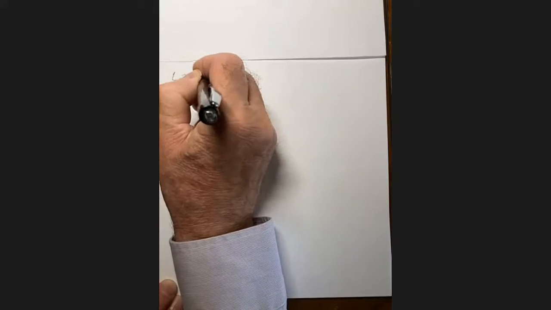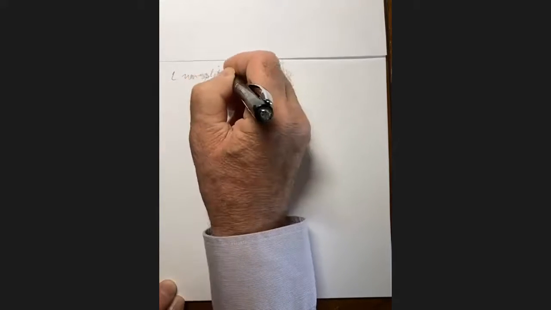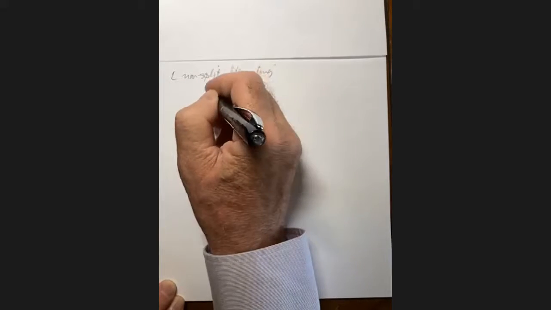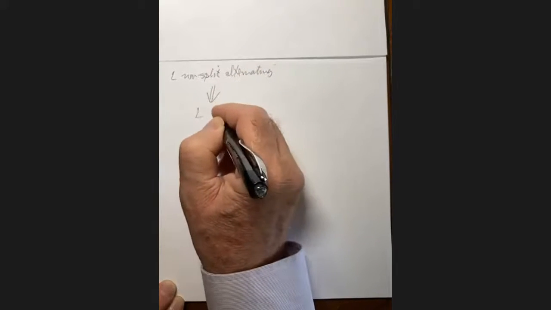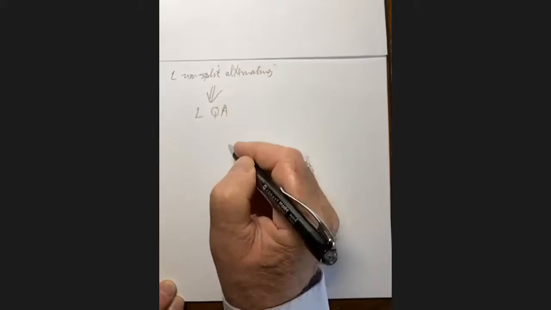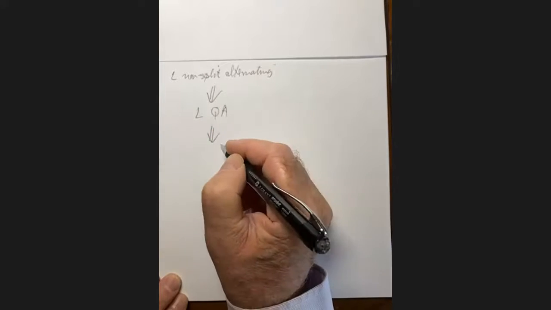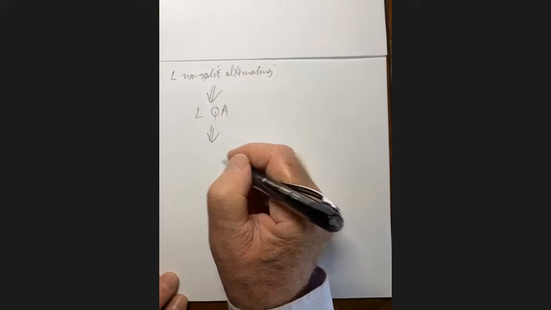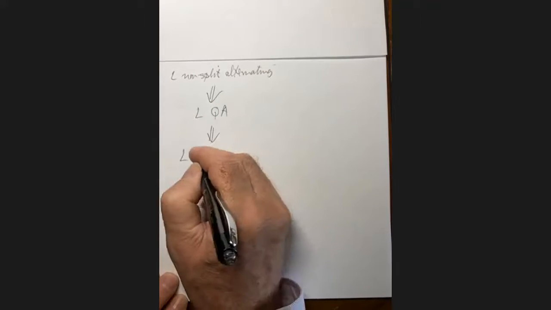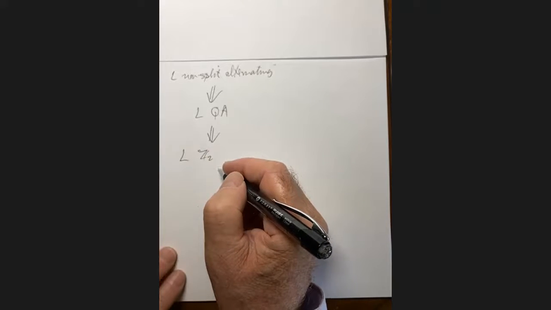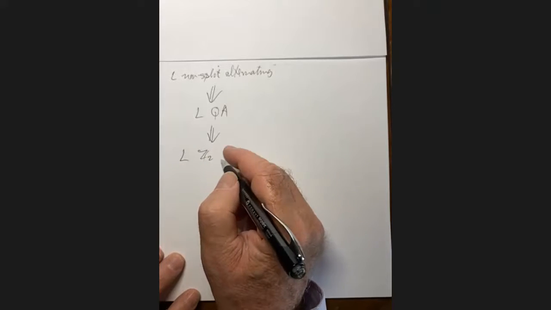So one has the following implications. If L is non-split alternating, then you're certainly quasi-alternating, since quasi-alternating is a generalization of that. And if you're quasi-alternating, then Manolescu and Ozsváth showed that the reduced Z2 Khovanov homology of L is supported on a single diagonal.